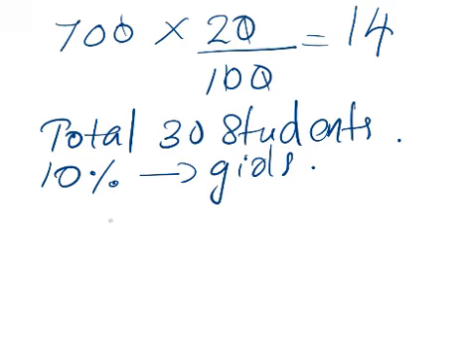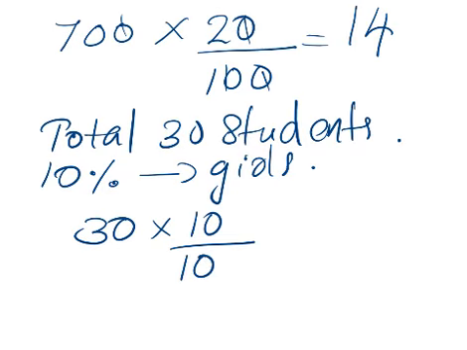Then how many girls are in your class? How can you find the number of girls? So the total is 30. Then 30 times 10 over 100. We can cancel the 0, the 0. So this is equal to 3. So only 3 girls in your class.